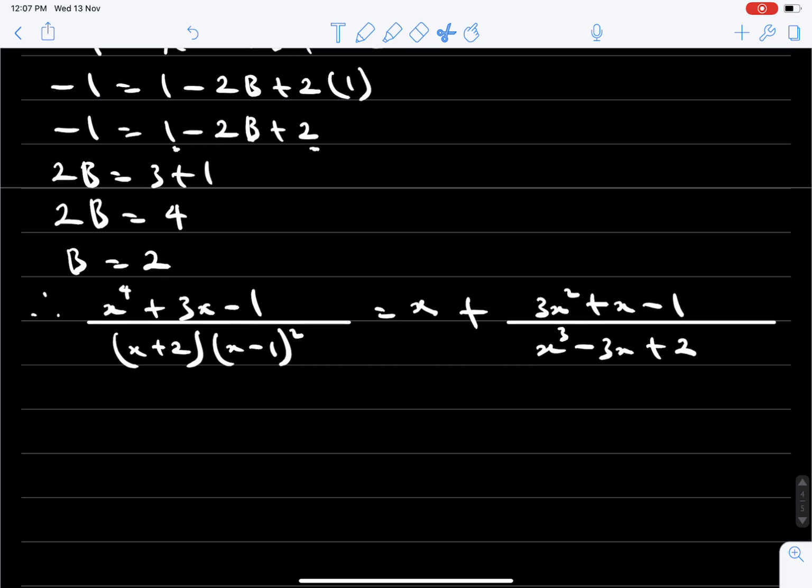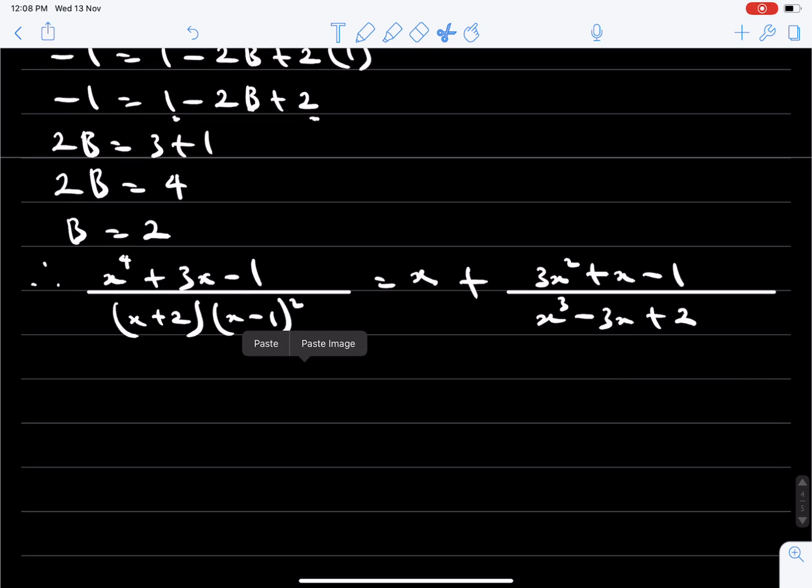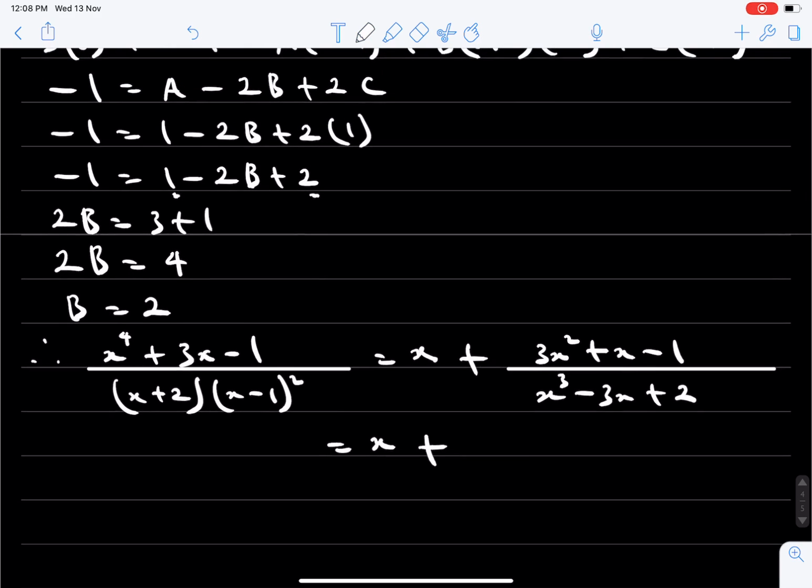So this is what we get when we divide the numerator by the denominator, and that becomes x plus this proper fraction was split into.